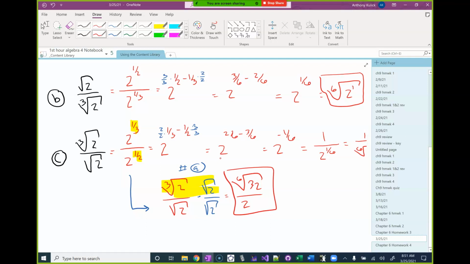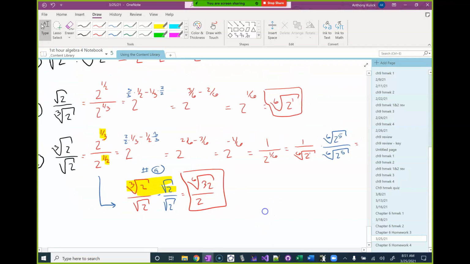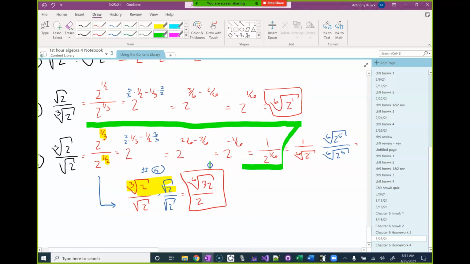And the second is that I was able to skip all of these steps because I didn't really need to do any of them. Rationalizing the denominator is really where I started from, and then I did some simplifying after that.